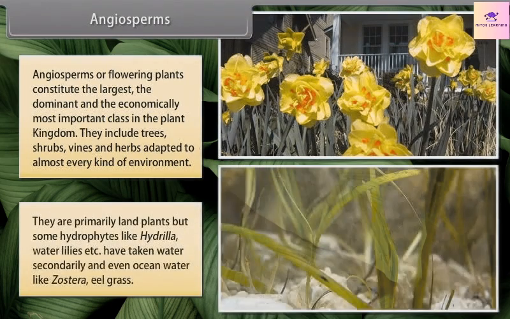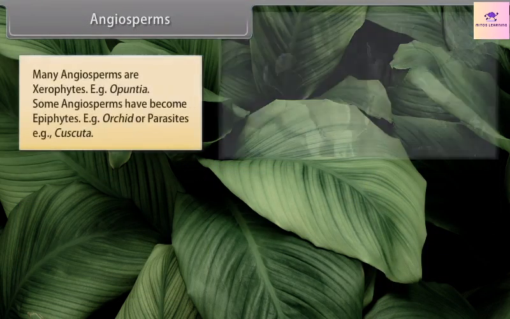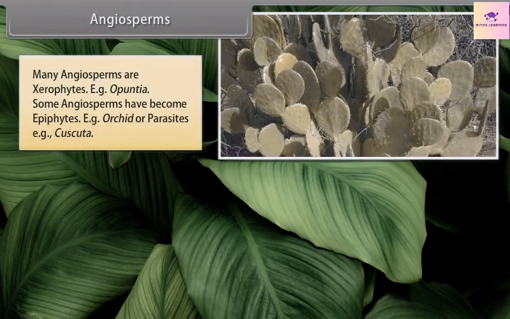They are primarily land plants, but some hydrophytes like hydrilla, water lilies, etc. have taken to water secondarily, and even ocean water like Zostera, eel grass. Many angiosperms are xerophytes. Example, Opuntia. Some angiosperms have become epiphytes. Example, orchid, or parasites. Example, Cuscuta.